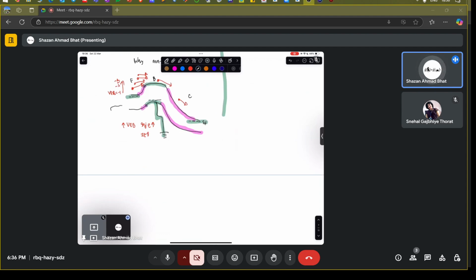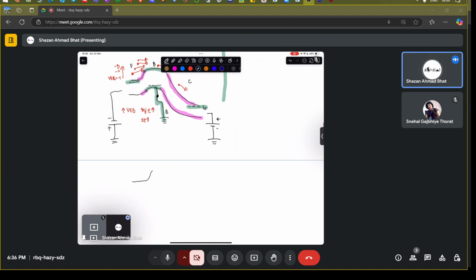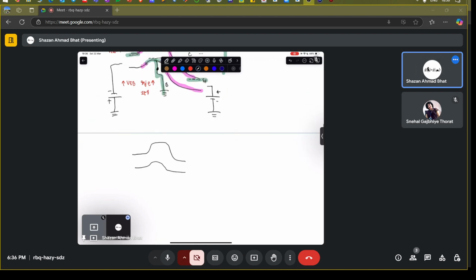Because the biasing is applied in such a way that this is negative and this is ground, and the base is already connected to the ground, your profile looks something like this, which I have basically shown. I am not drawing it to scale. So this is emitter, base, collector, with the quasi-Fermi levels.